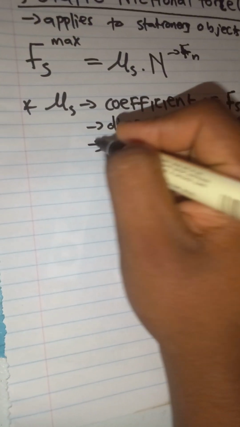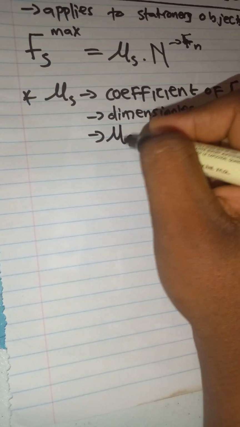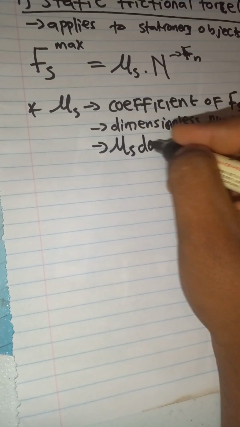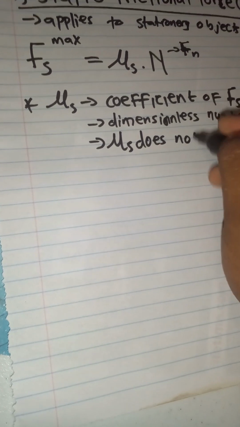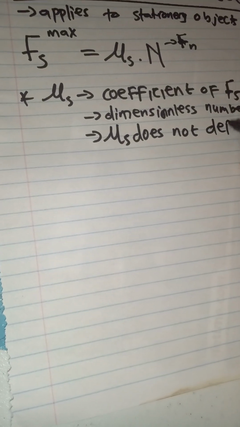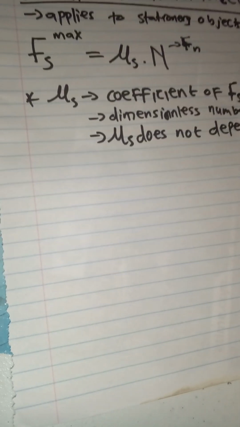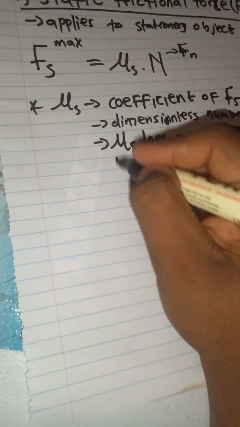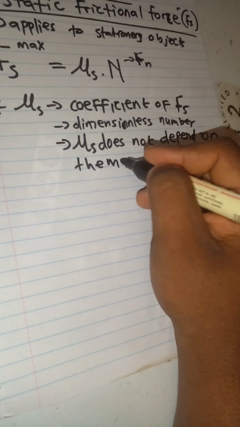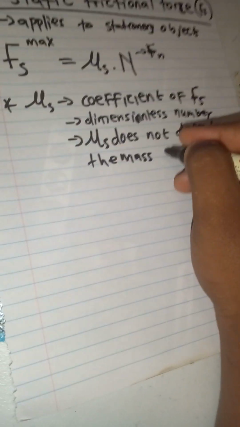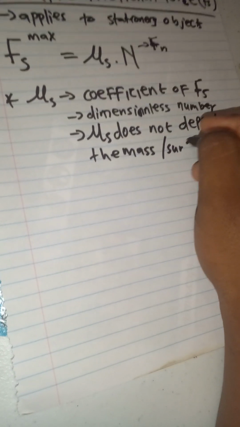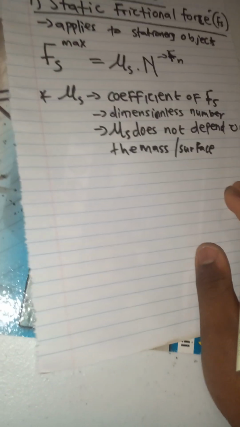And then number 3 that you have to know about this mu s: it does not depend on the mass or surface area of the object.